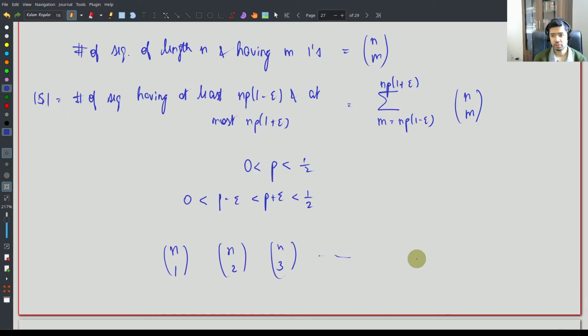Exactly. So n choose m is increasing in m up to n by 2 or close to n by 2, depending on whether n is odd or even, and then again decreases as you increase m.